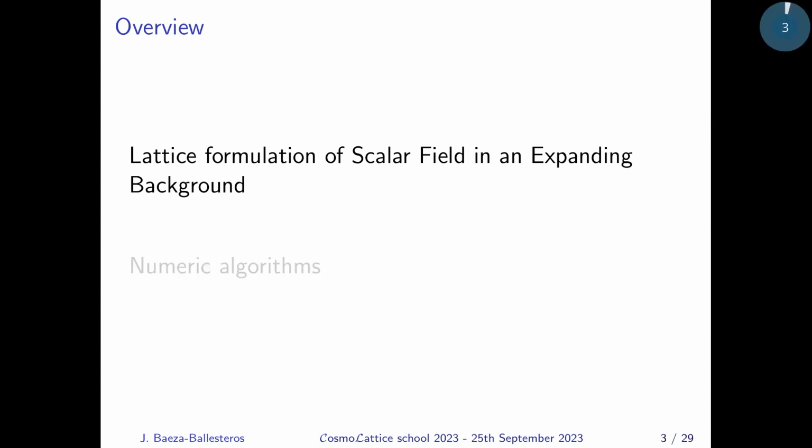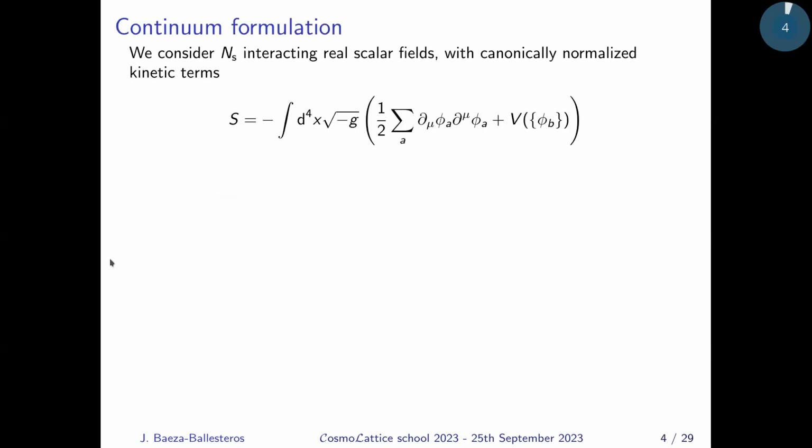So our starting point is gonna be a theory with a number of interacting real scalar fields, which have a canonically normalized kinetic term. The starting point is just the action for the theory. We first consider a generic metric that we are now gonna particularize to the Friedmann-Lemaître-Robertson-Walker metric, the usual metric of an expanding background.